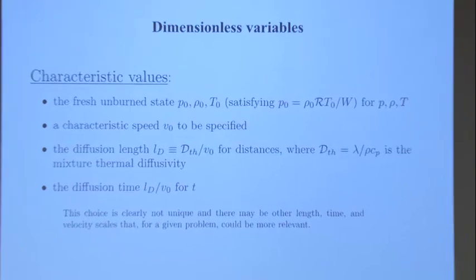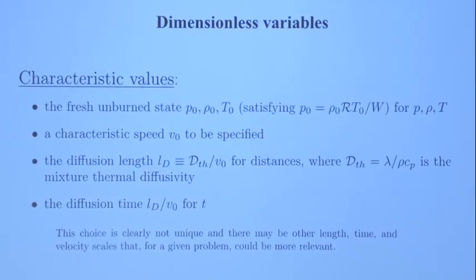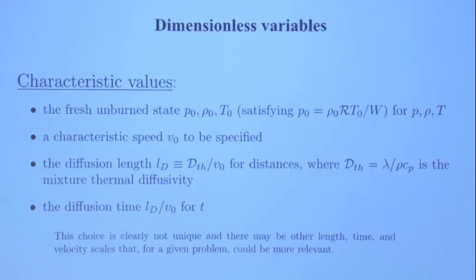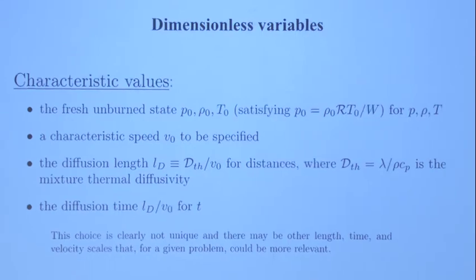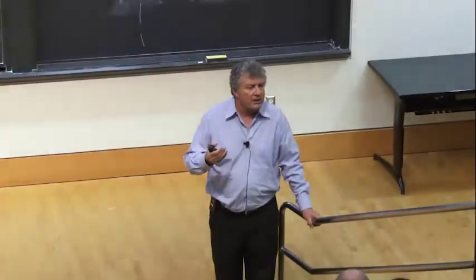Okay, dimensionless equations. Well, really, dimensionless equations you can write only when you focus on a specific configuration. And the second thing about it is that it is really not unique. It depends on how you choose what to scale, or what to choose as your characteristic velocity, length, and so on.